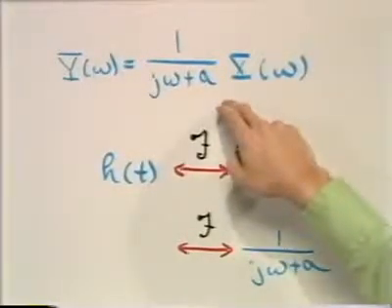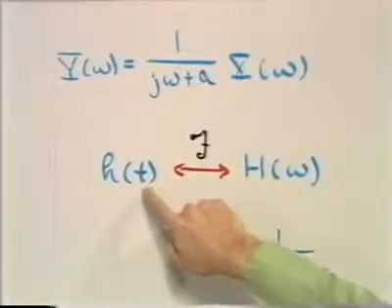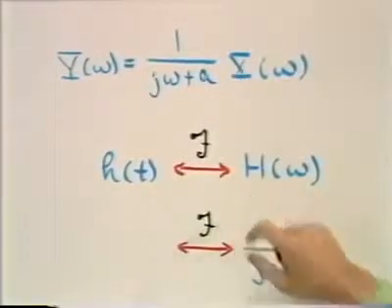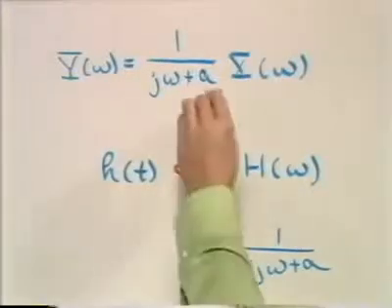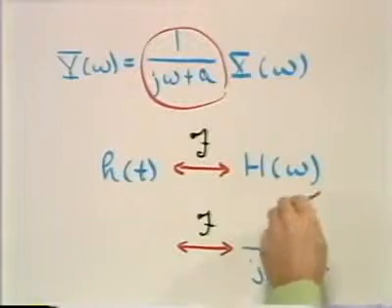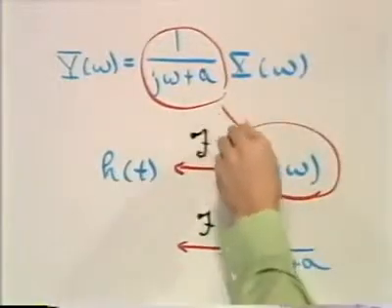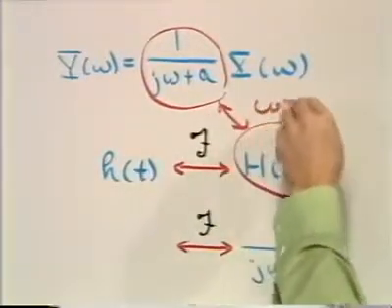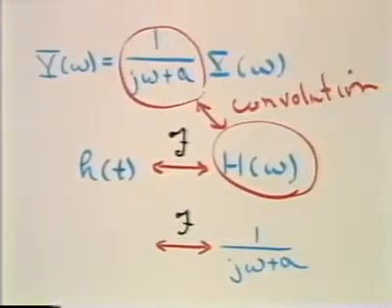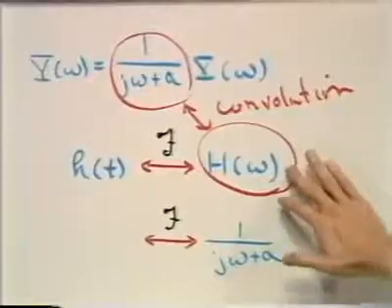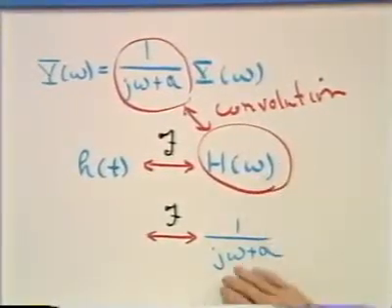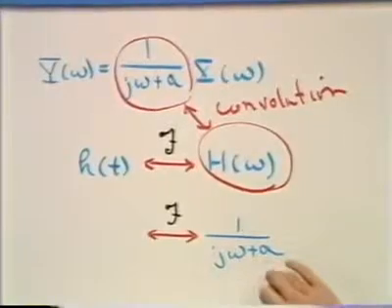So in fact, if we think of h of t and H of omega as a Fourier transform pair, then it's the convolution property that lets us equate this term with H of omega. So here we're using the convolution property. And so we know what the Fourier transform of the impulse response is, namely 1 over j omega plus a.